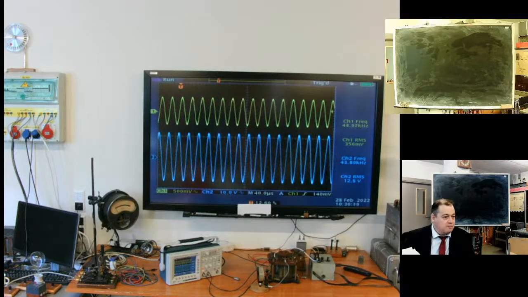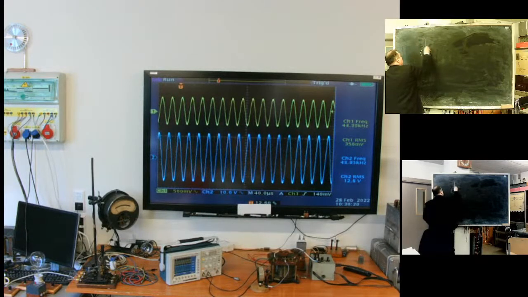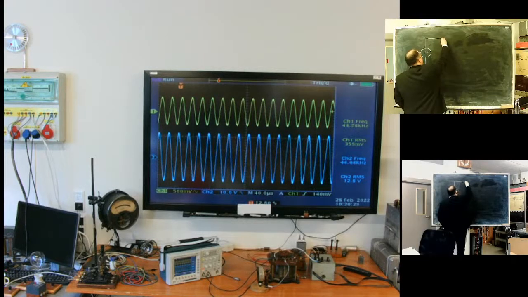Yeah, so let's go. Let's take a look at a bit simpler circuit.